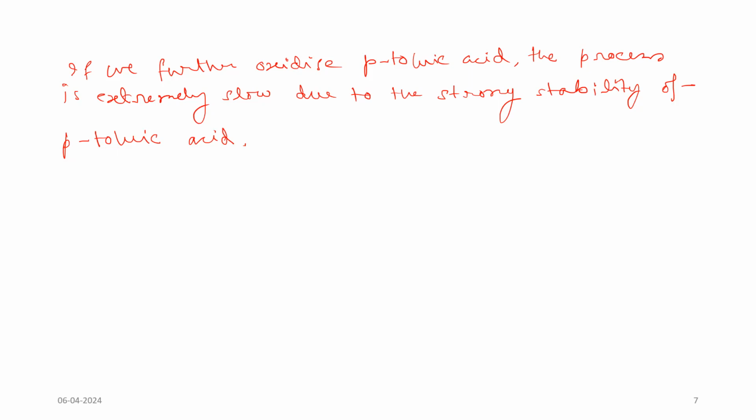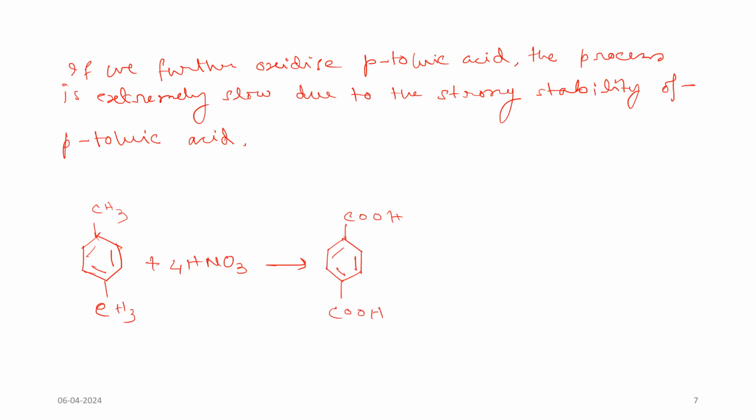So if we use nitric acid, then this para-toluic acid step will be gone and directly TPA will be formed.